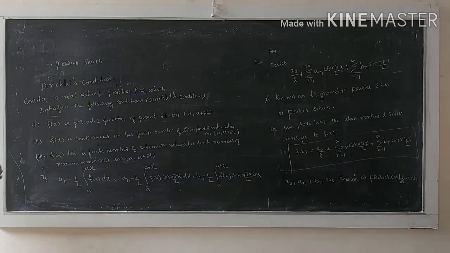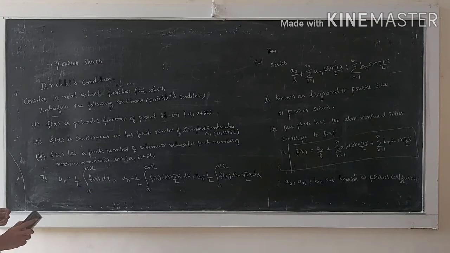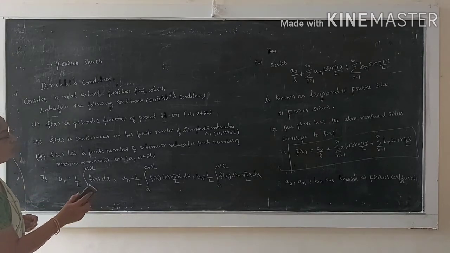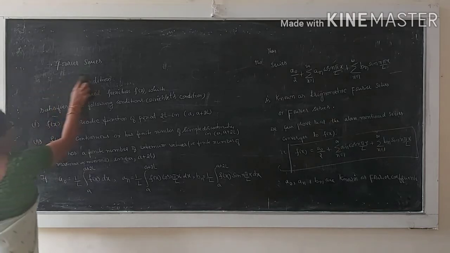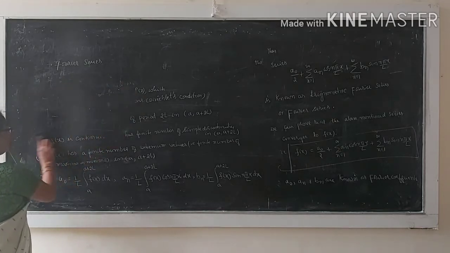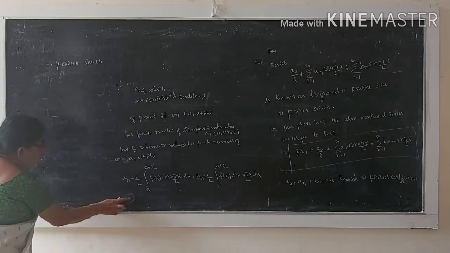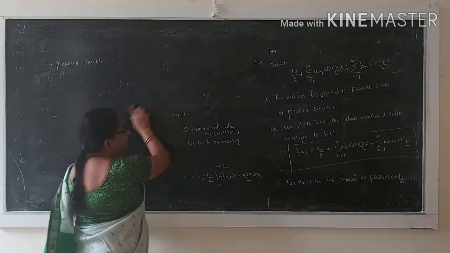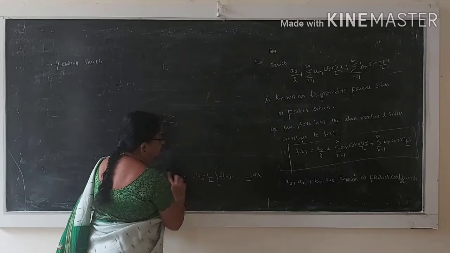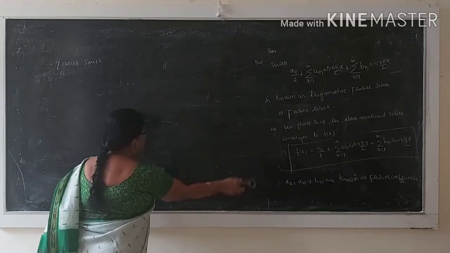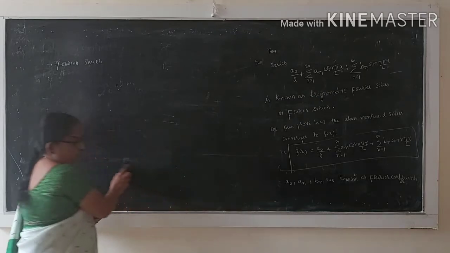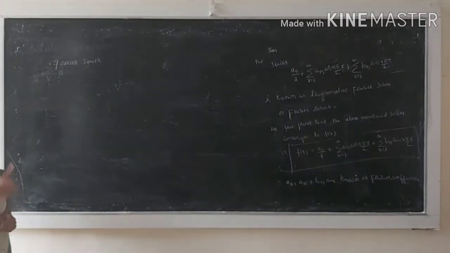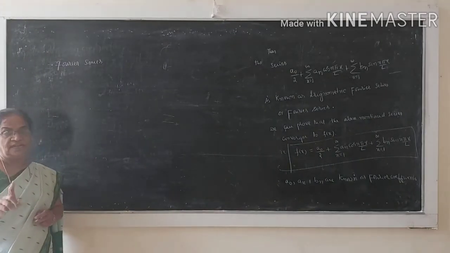Now, I want to find out different forms of the Fourier series. We can write the Fourier series for any real valued function if it satisfies three conditions, named the Dirichlet conditions. The first one is that it is periodic in that interval.